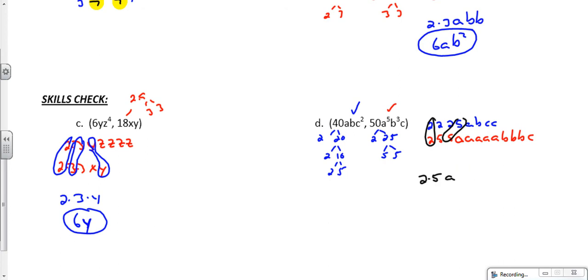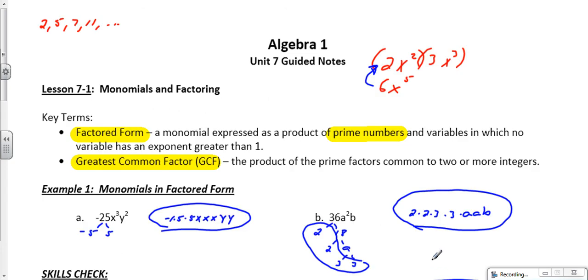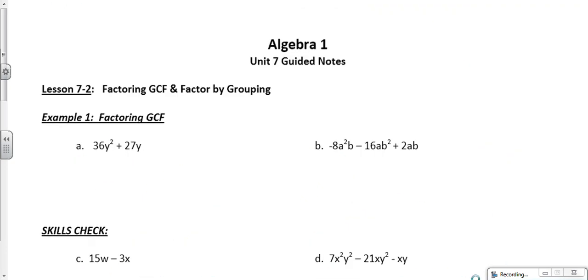They both have 1 A, 1 B, and 1 C. So 1 B and 1 C. So 10 A, B, C. Alright, make sure I got that all done.